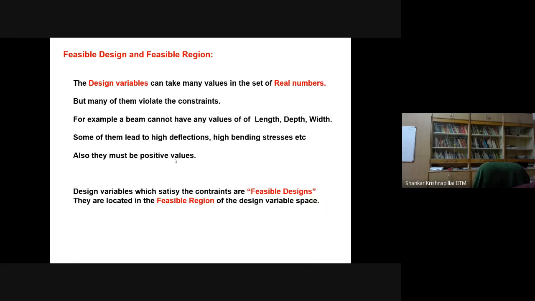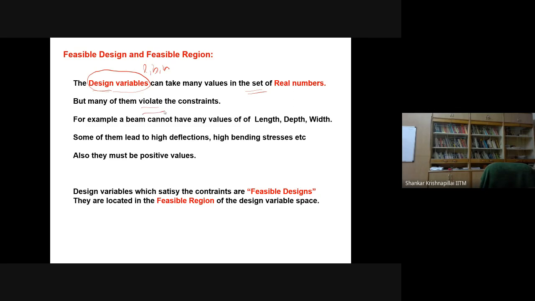Then another highly important concept is feasible design and feasible region. It's also highly important. Design variables like the length, breadth, height of a beam can take many values in the set of real numbers, but many of them violate the constraints.